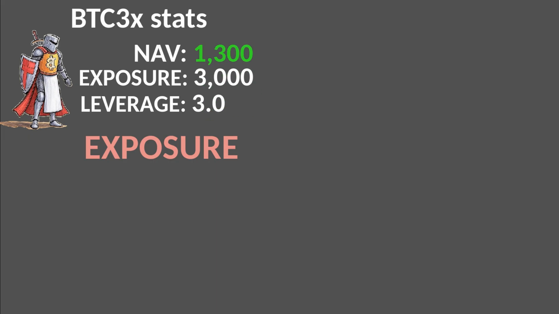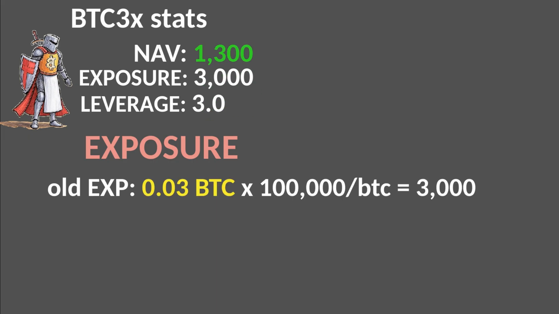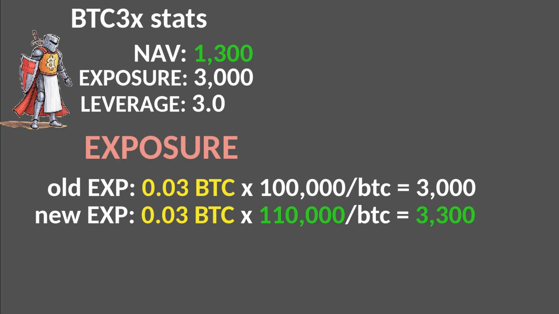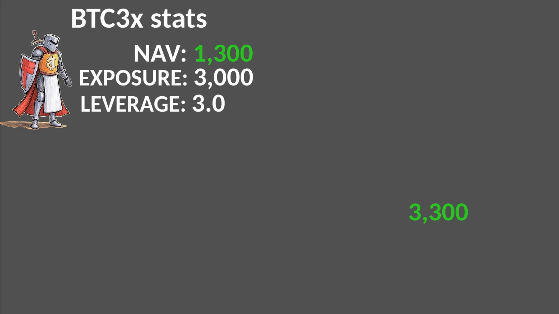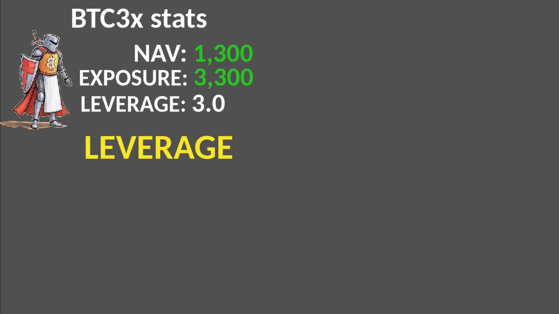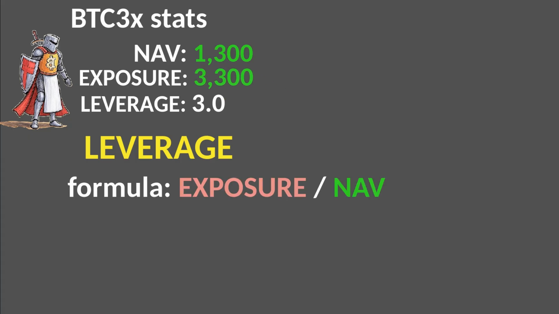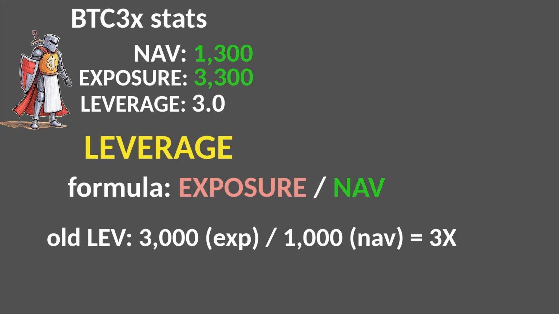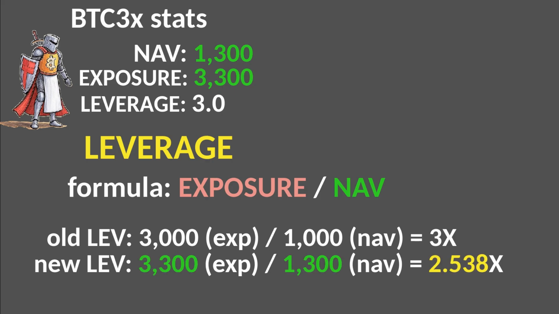Because the actual BTC exposure is 0.03 BTC, the exposure gained value: 0.03 times 110,000 equals 3,300. Leverage. When we go back to the formula of exposure over NAV, with the new values of exposure and NAV, we get the new leverage of 2.538.